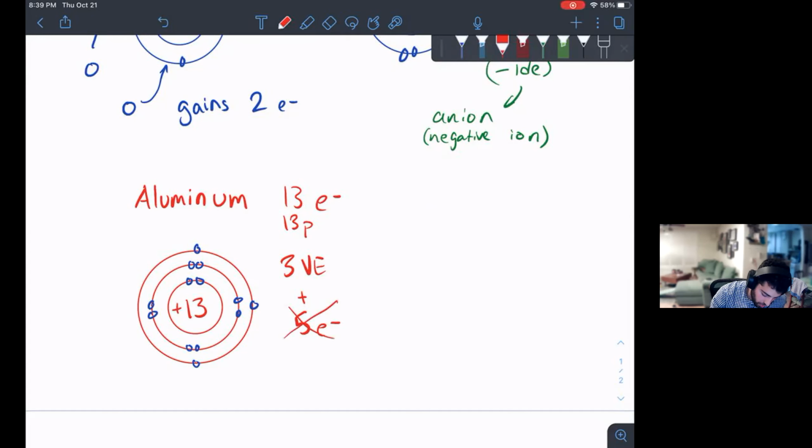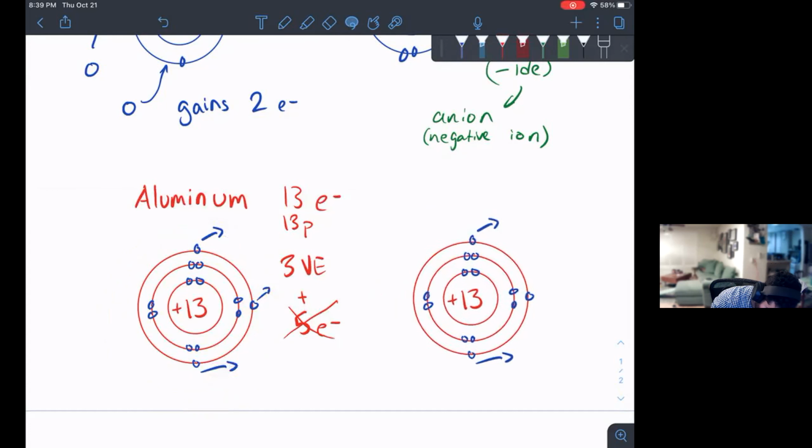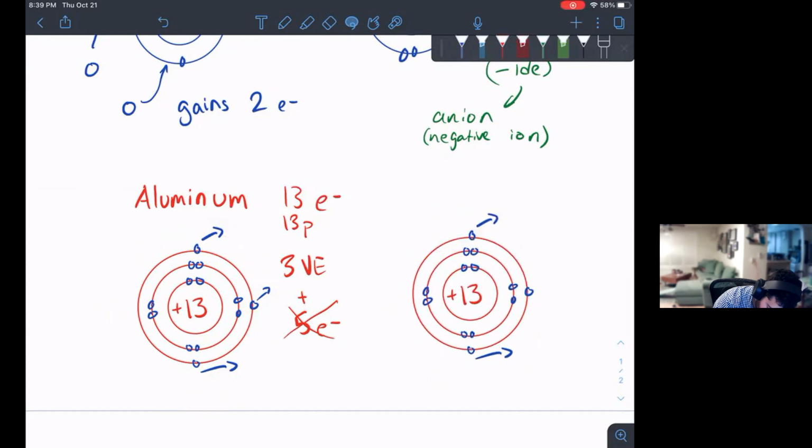Instead, what we can do is we can just say goodbye to 1, 2, 3 electrons. And we end up with this nice aluminum that now has 1 less shell and 3 less electrons.